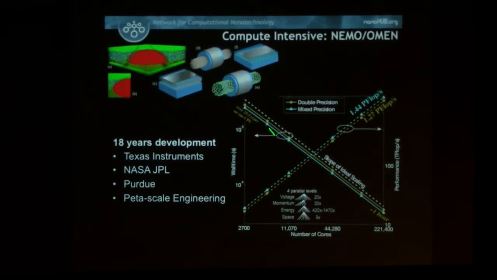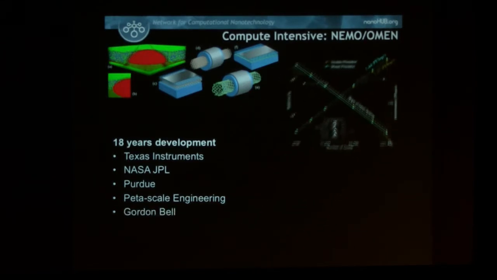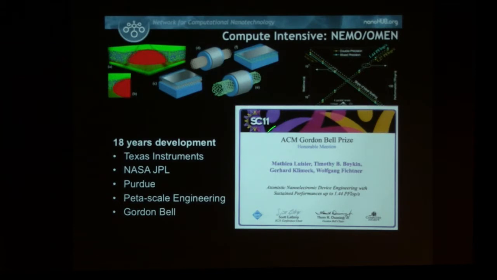This is one of the few codes that scales that well, where you plot the number of cores versus compute time. So the ideal thing is the dashed line. In fact, this is the only engineering code that scales to this on this machine. It won a Gordon Bell Prize honorable mention. We couldn't win the full prize because the Japanese had a bigger computer that year.